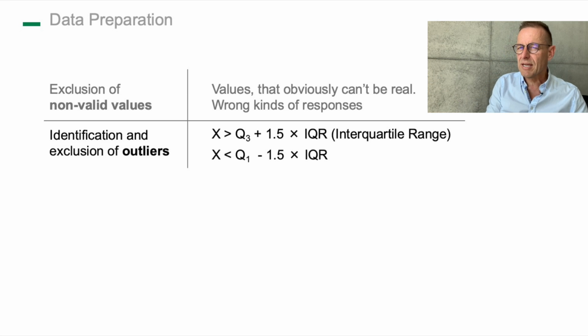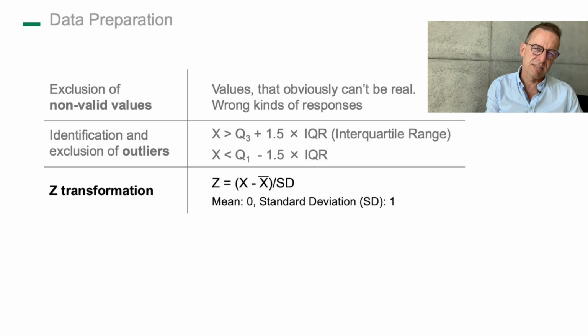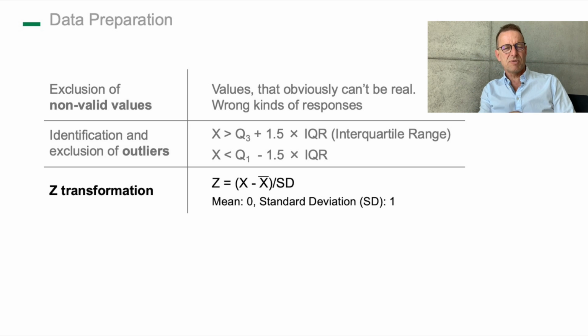And there's something else that you very often might do before you start analyzing your data. It's what we name a transformation. You might have data of all different sorts. Some data range from 0 to 10, the other from 0 to 100, the other from 1 to 5, or whatever.